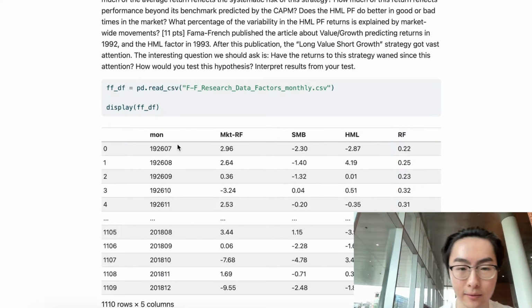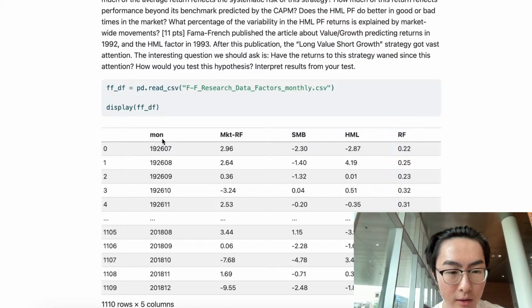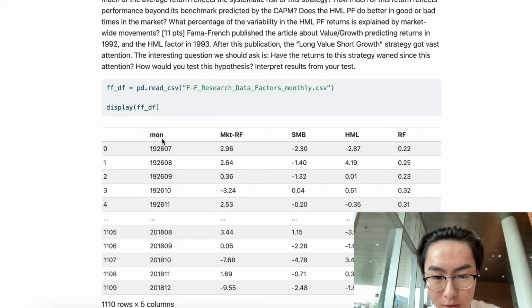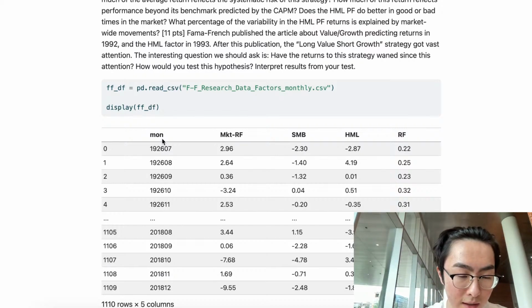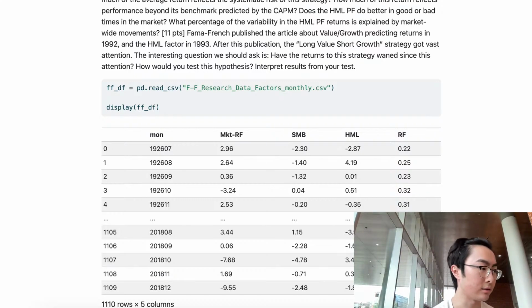Okay, so we have a few columns here. I think what we might want to do is convert the month column into a datetime, and let's convert that also to the index of our data frame.